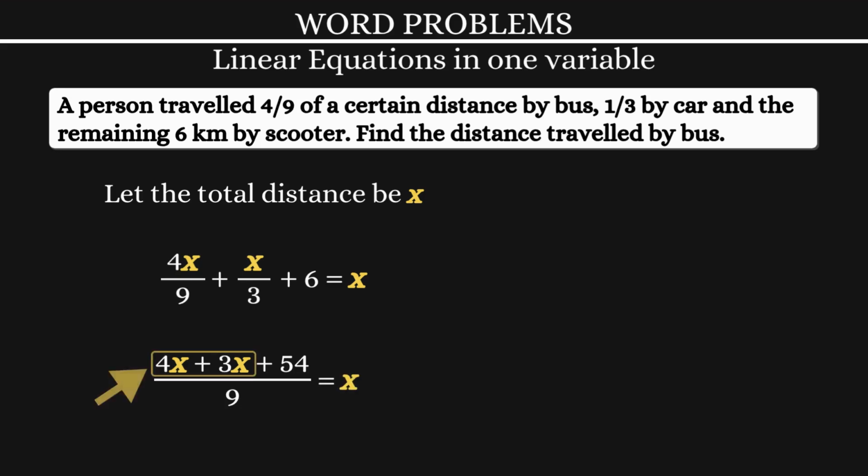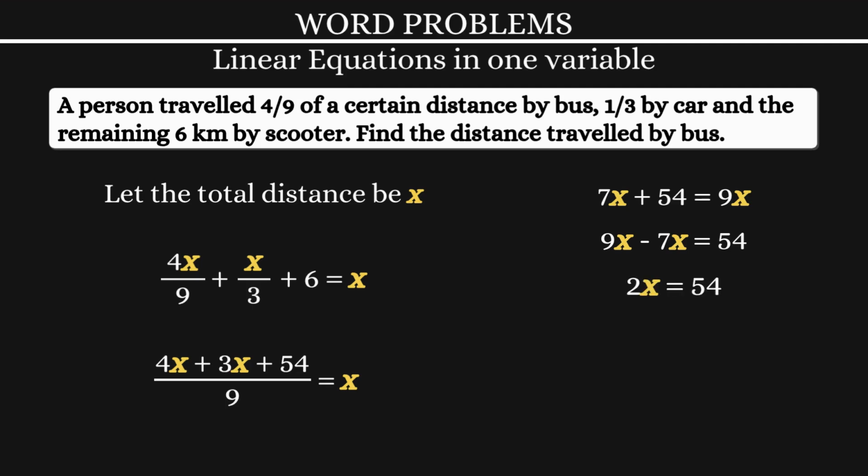We'll add these two like terms and move the 9 to the other side. We have 7x plus 54 is equal to 9x. Now grouping the like terms together, we have 9x minus 7x is equal to 54. So 2x is equal to 54 and x is equal to 54 divided by 2, which is 27.